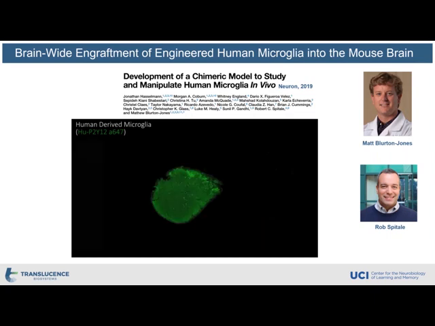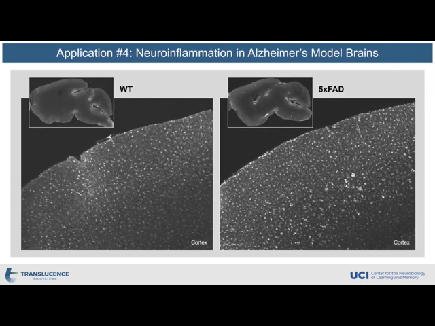Okay, so in the closing minutes, I wanted to tell you about a fourth application that we have for whole brain clearing and quantitation. And in this case, it's about looking at the microglial activation induced by amyloidosis.